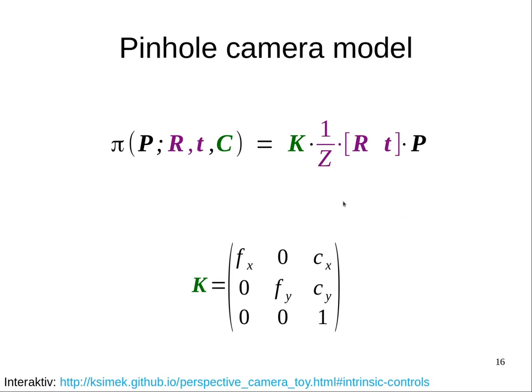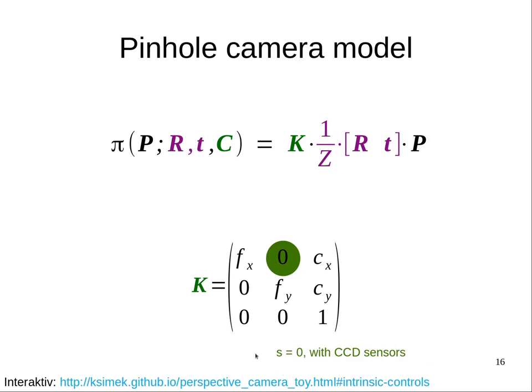One more note, if you read up the K matrix somewhere else, you might encounter one more parameter, namely this Q. It will be here, and it is set or fixed to 1 in our model, because we are mainly talking about CCD digital sensors.